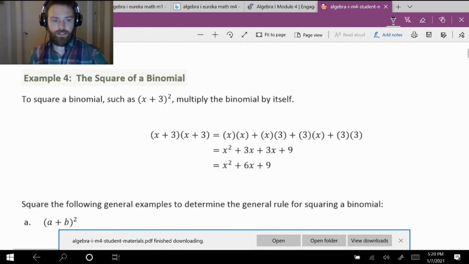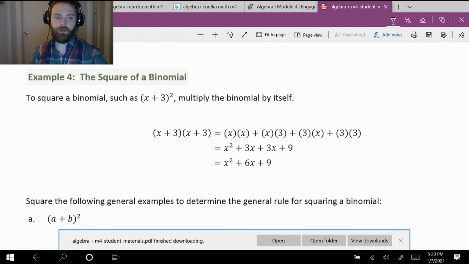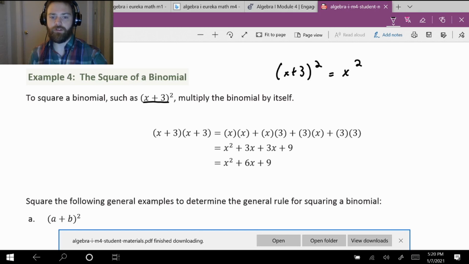So anytime you see a binomial with a square on the outside, you need to be careful when you use the distributive property too often. A lot of students will say that x plus 3 squared is equal to x squared plus 3 squared. This is not true, okay?